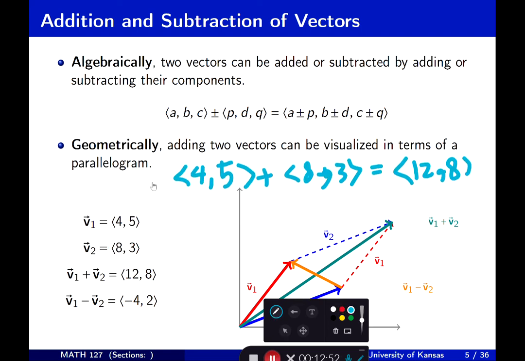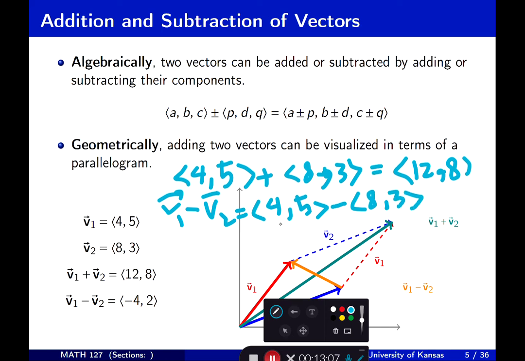Subtracting v1 minus v2 is 4 and 5 minus 8 and 3, so you subtract 4 minus 8, which is negative 4, and then 5 minus 3, which is 2. And so this is the subtraction.